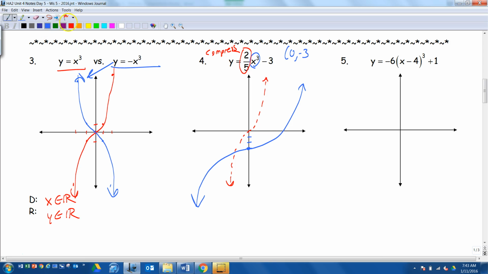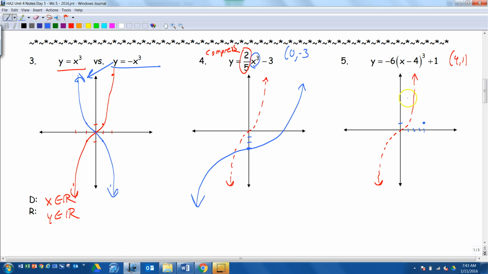Alright, this last one, the parent again, is this, so I have something to compare it to. My vertex is now at (4, 1). So there it is. It is a negative, so it's flipping, so it's going to go in this direction over here, the blue one for number 3.